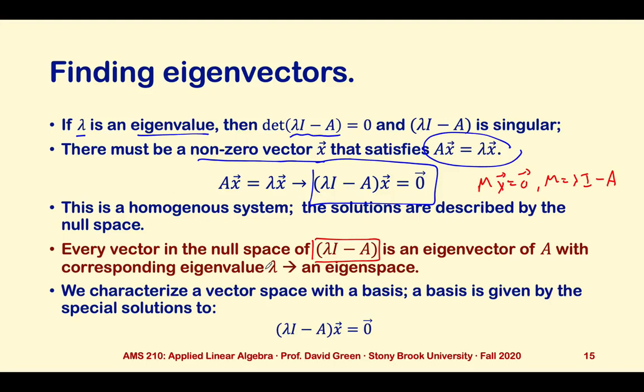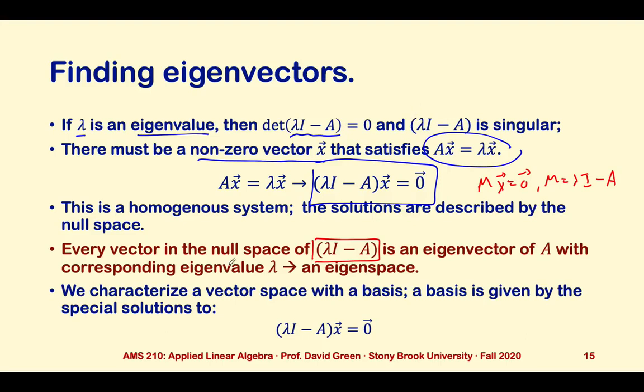Now, although a homogeneous system with a singular coefficient matrix has an infinite number of answers, that doesn't mean that everything is an answer. We describe the null space with a basis. We can reduce down to a number of linearly independent solutions. That gives us a basis for the vector space, and as long as we have a basis, we have everything we need to generate any of the solutions.